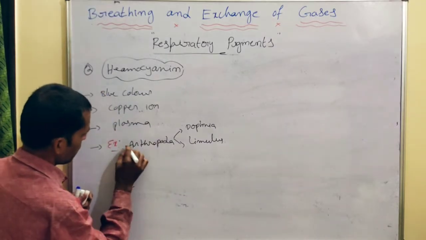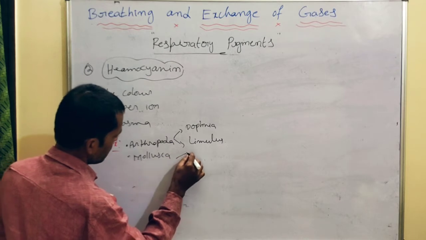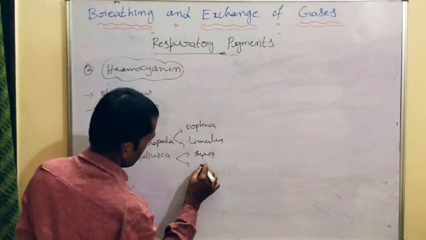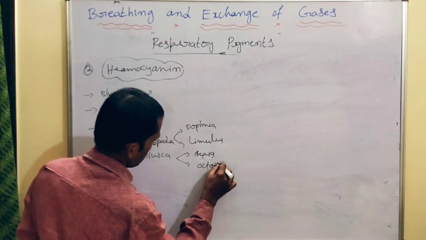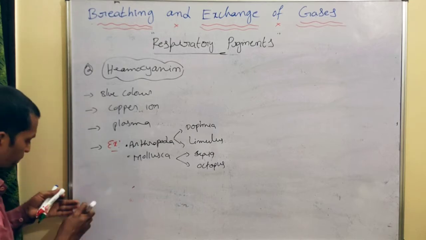Then from Mollusca phylum, one is Sepia, another one is Octopus. It is about the hemocyanin.